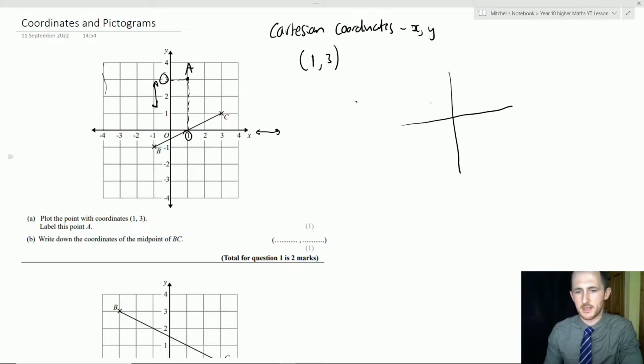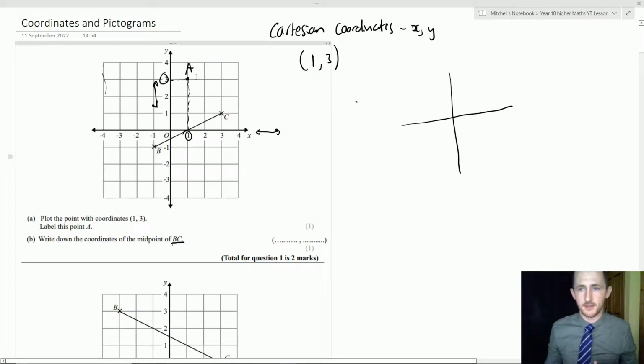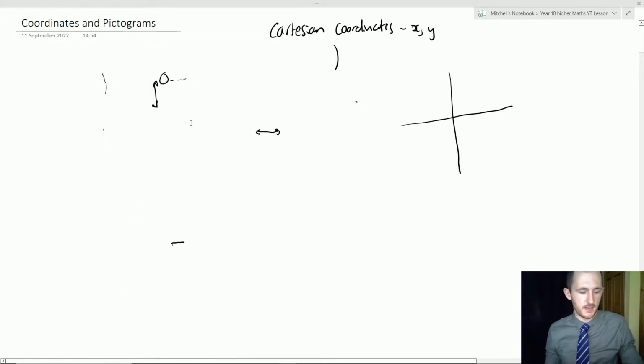Now for part B, it says you need to write down the coordinates of the midpoint of BC. This is where it can get a bit more tricky. So it's the point that is in between B and C. There are a few ways to do this. There's one way which is a bit inaccurate that I don't particularly like.